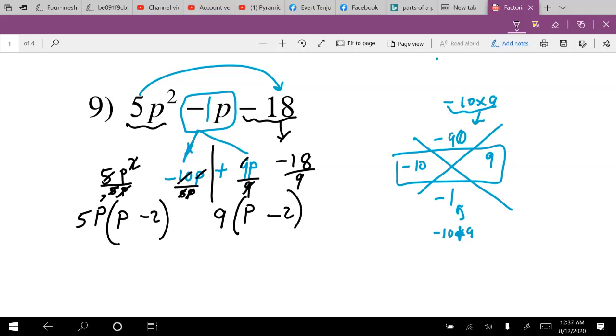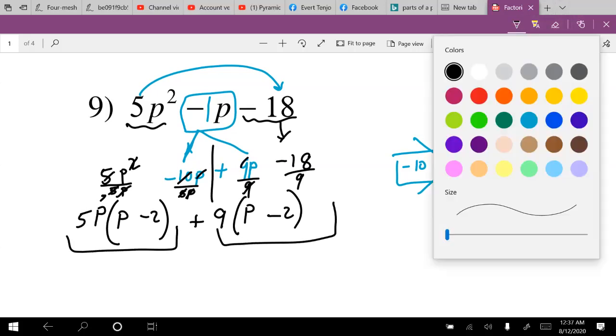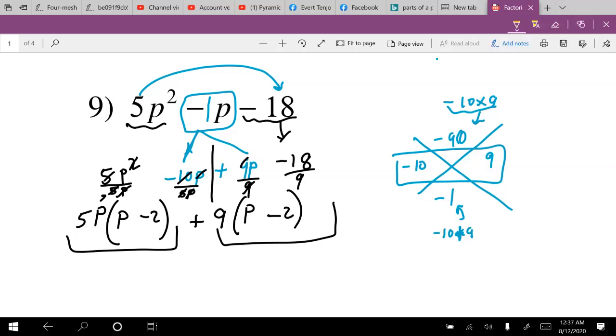What is common between this term and that term? We can tell p minus 2 is common. So we're going to factor that out. So we're going to divide this term by p minus 2.